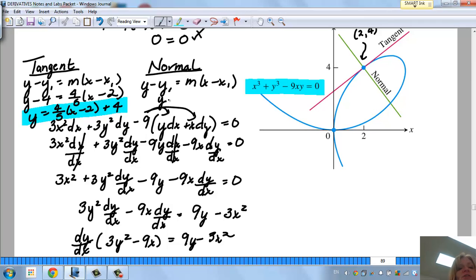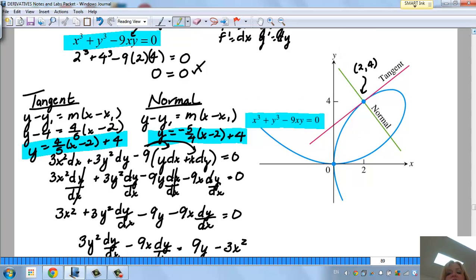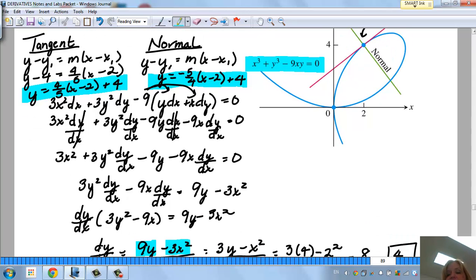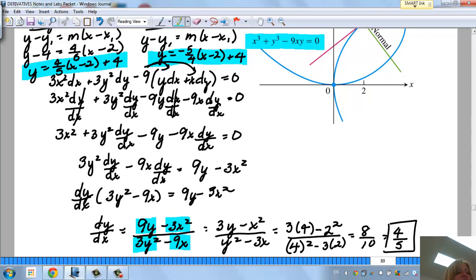So the normal line is going to be y equals negative 5/4 (x minus 2) plus 4. So there is our normal line. Just remember the normal line is perpendicular to the tangent line, so the slopes are negative reciprocals. Okay, we finished our examples or applications for implicit differentiation.